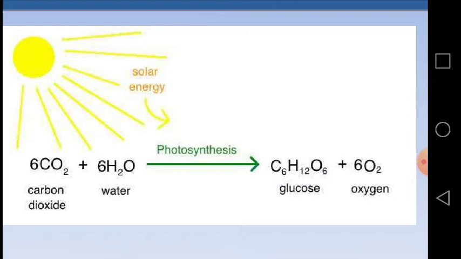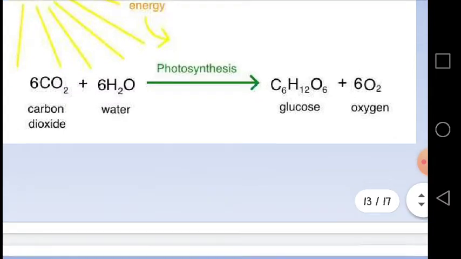Glucose is basically the first step for making all the other complex carbohydrates, proteins and fats, which are the essential parts of the plant's body as well as the animal bodies. So photosynthesis is very important in this regard because it helps to trap the sunlight, the light energy, into chemical energy.